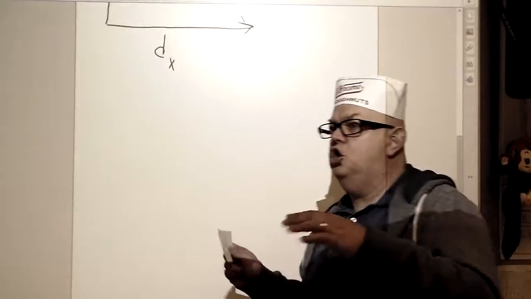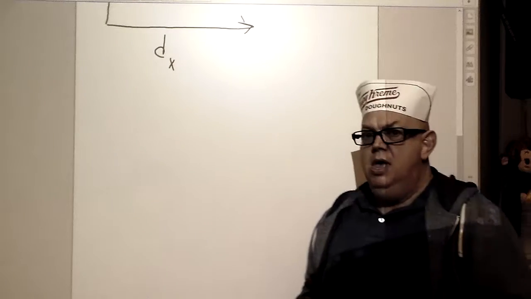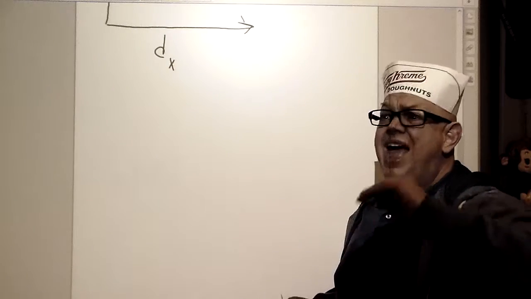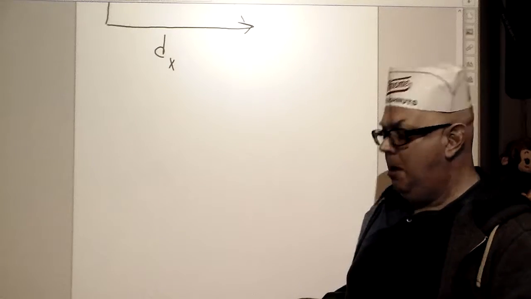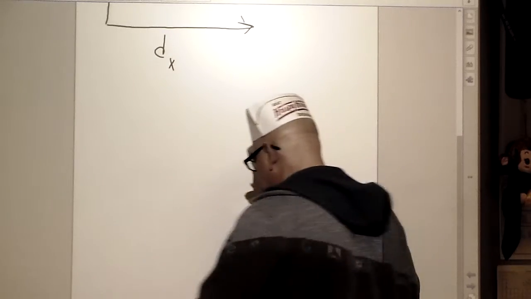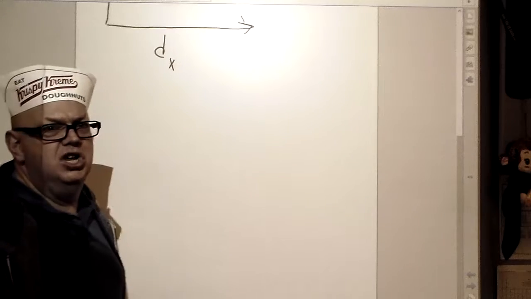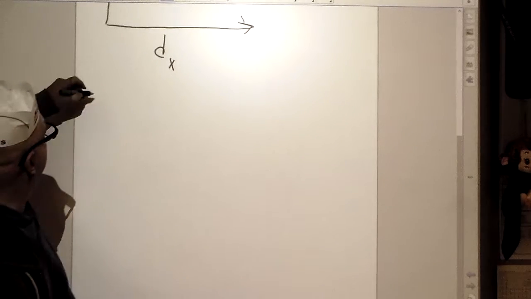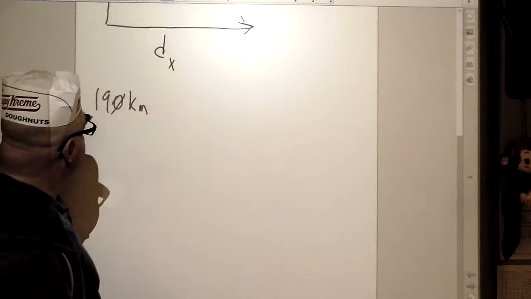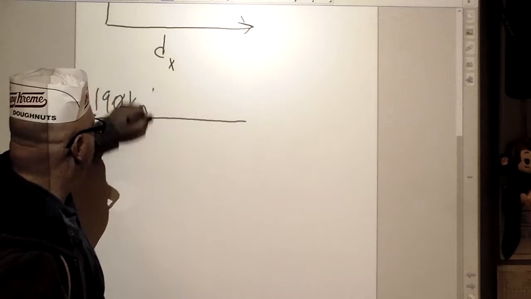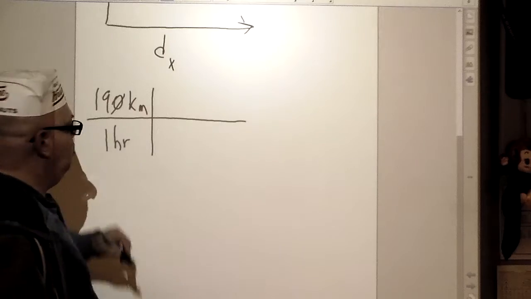The first thing we need to do is make sure that our units are the same, in other words, meters and seconds. We were given a velocity in kilometers per hour, so we're going to need to do a little bridge notation. Let's change it. We have 190 kilometers to 1 hour.